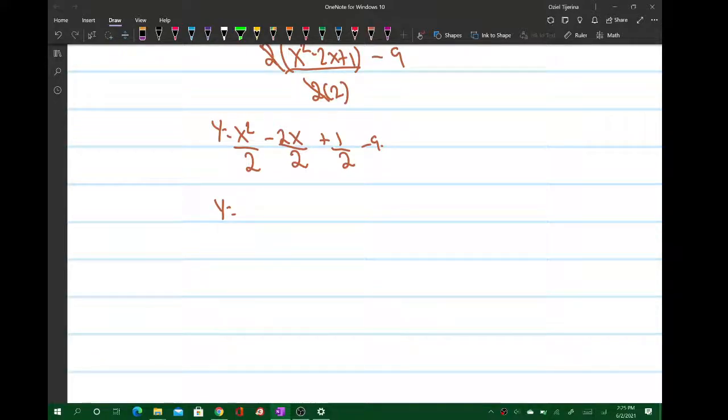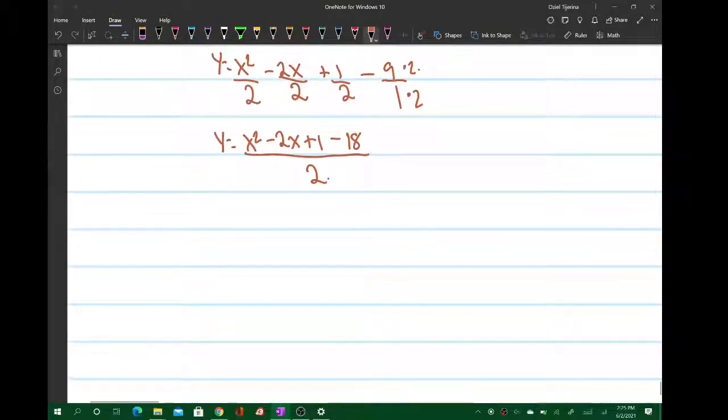The part minus 9 is minus 9 over 1, so I get the same denominator, times 2 on top and bottom, and then I can say x squared minus 2x plus 1 minus 18, all over 2.